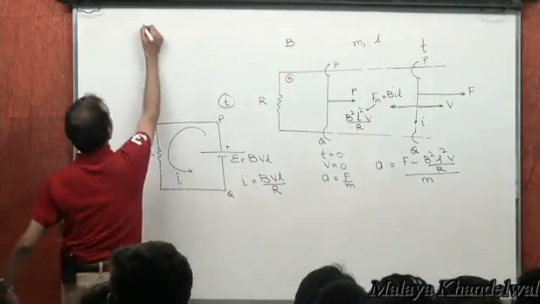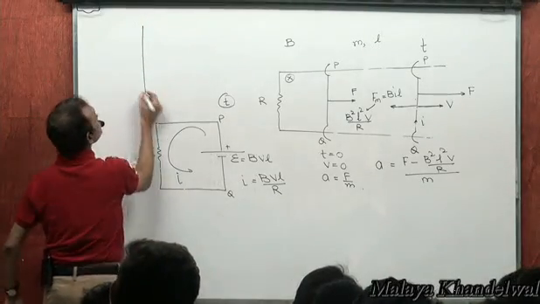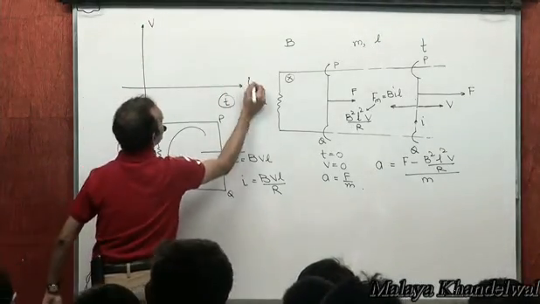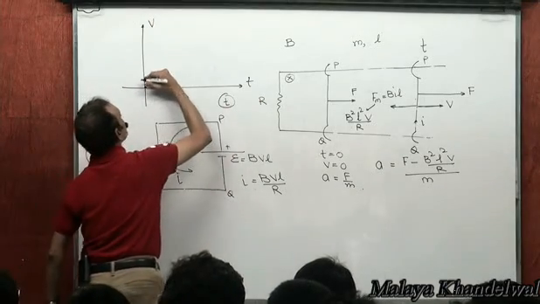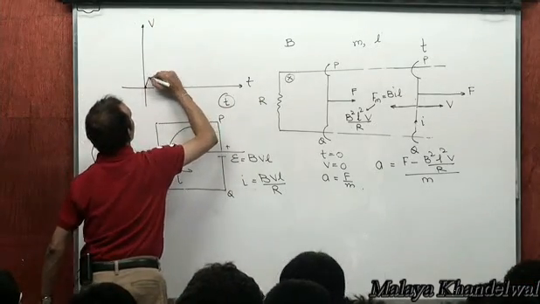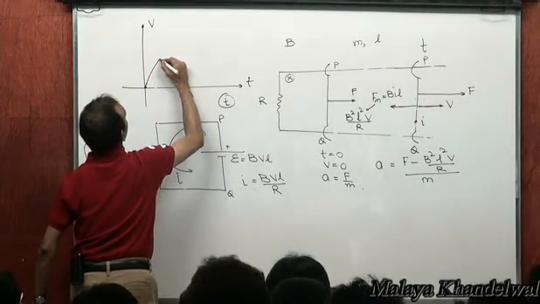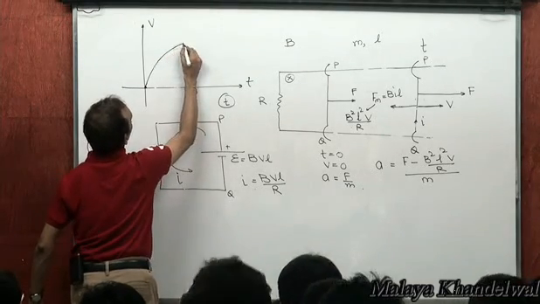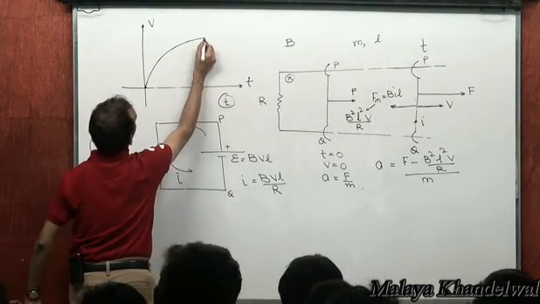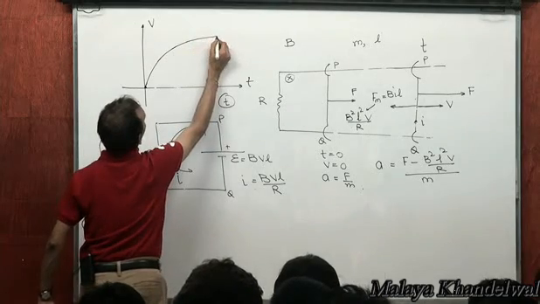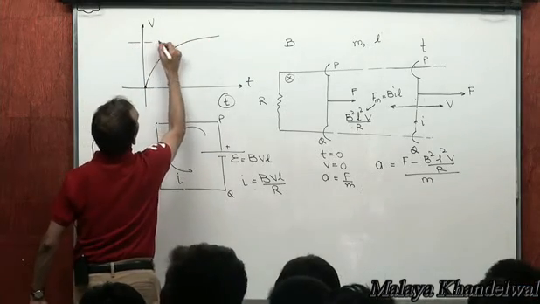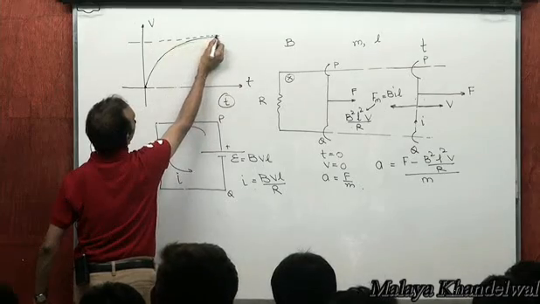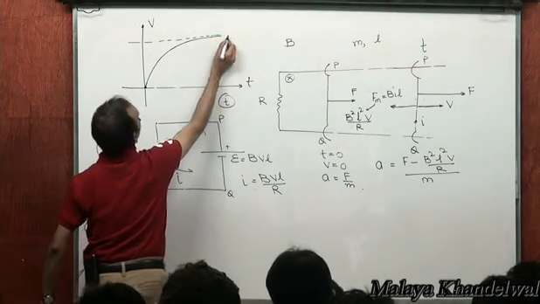So you would expect the velocity time graph, at time t equal to 0, to start from rest. There is an acceleration, but the slope dv/dt must decrease because the slope of this represents the acceleration. Velocity then increases, but less and less rapidly. Do you realize that?